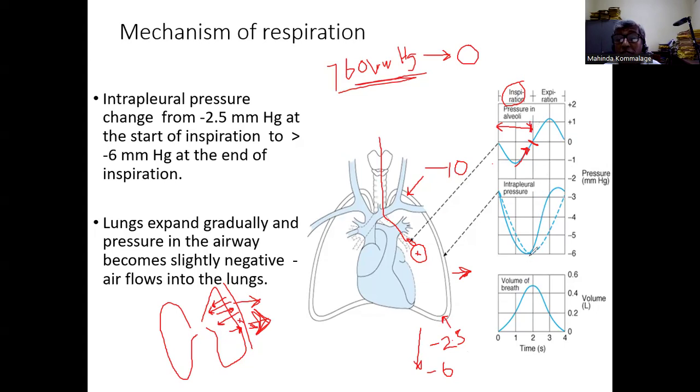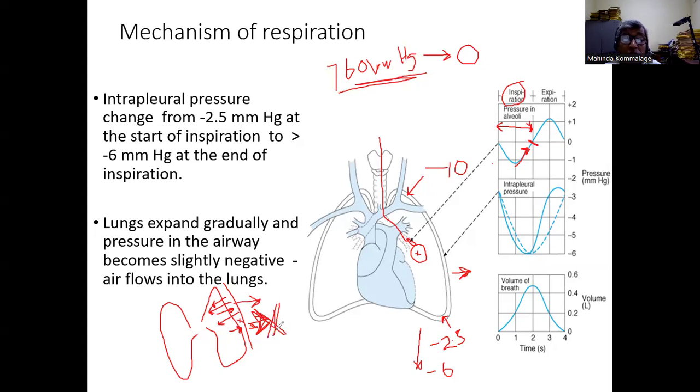When it comes to the end of the inspiration, the lung is expanded and interpleural pressure is -6 at the base. In the next movement, we relax our inspiratory muscles, the diaphragm and intercostal muscles. When we relax them, that means we cut this force.